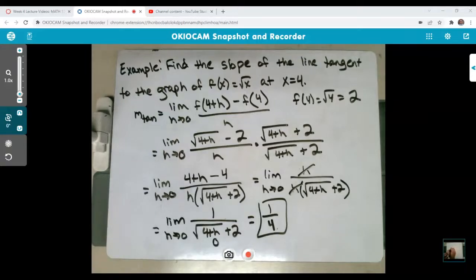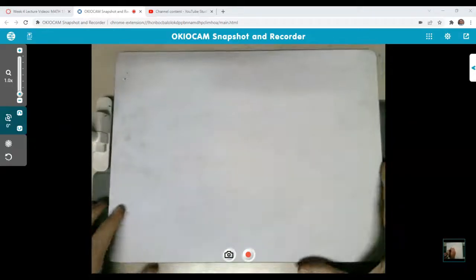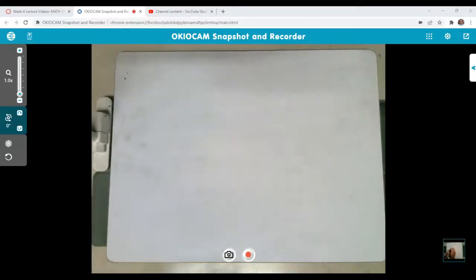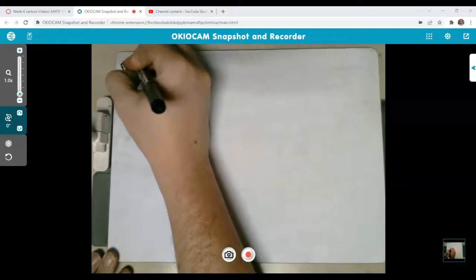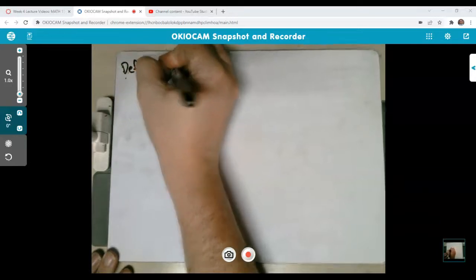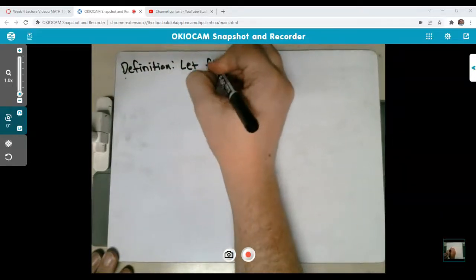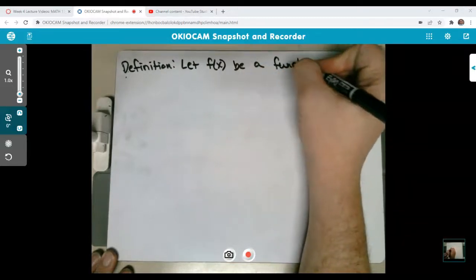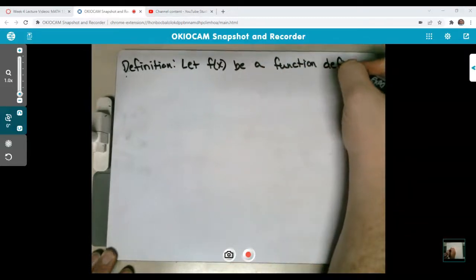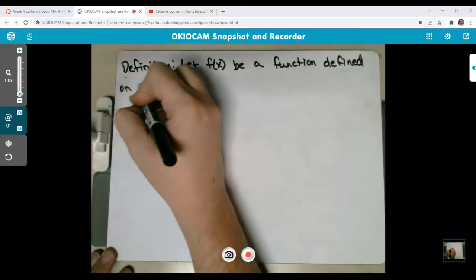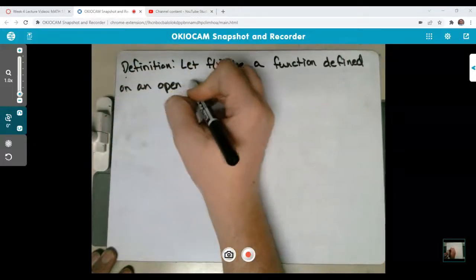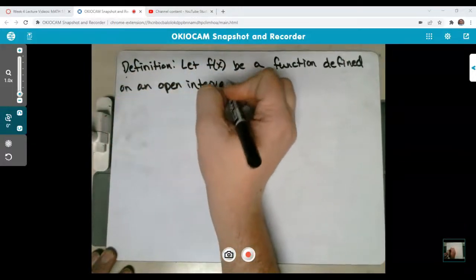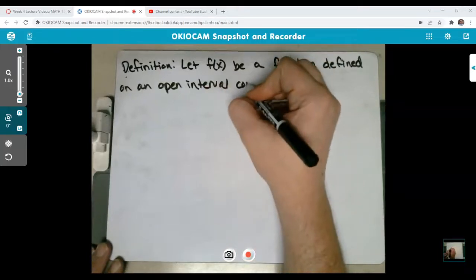So, this slope has a name. There is a name to represent the slope of a tangent line. Definition. Let f of x be a function defined on an open interval containing the number a.